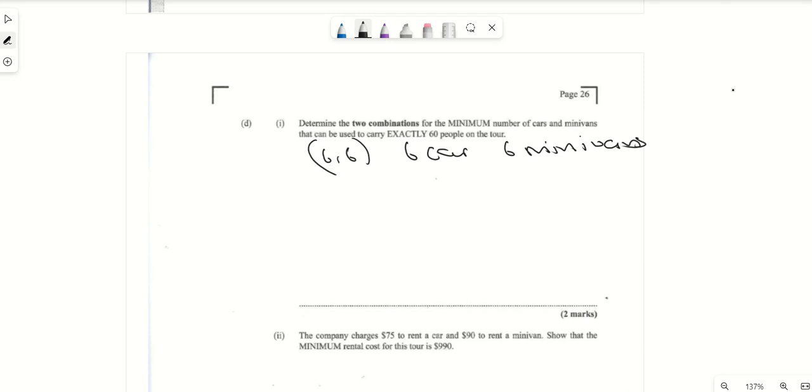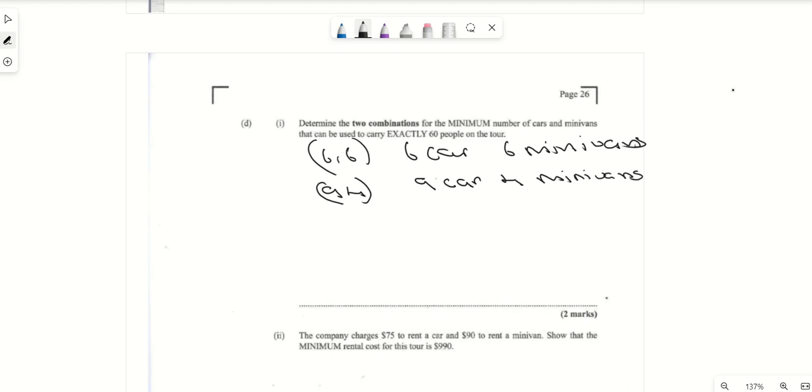The next one would be 9, 4, where x is cars and y is minivans, so it's 9 cars, 4 minivans.